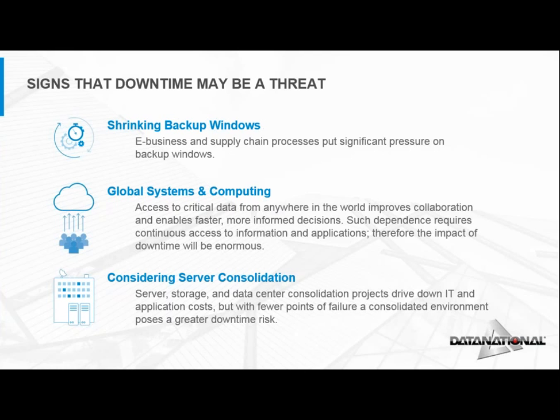So customers and your users just expect those systems to be up, because that's critical data. A lot of times, customers have to figure out what type of protection to put on systems that serve not only your internal users, but also your customers, suppliers and so forth.